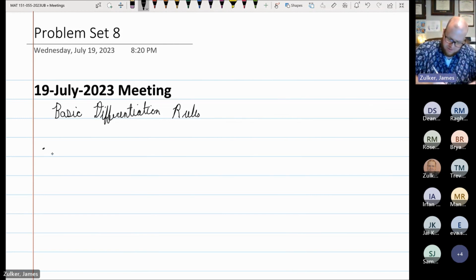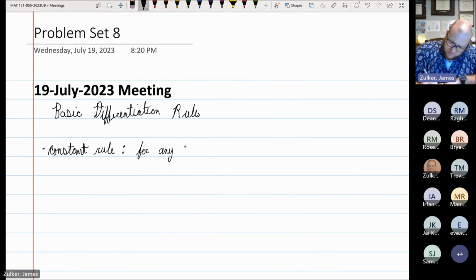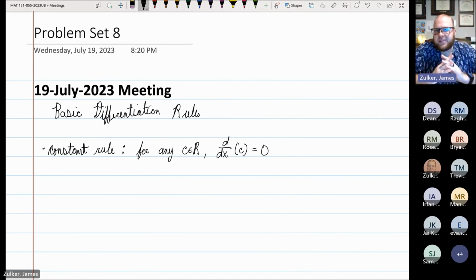First, we have the constant rule. What it says is for any constant C, the derivative of C is 0.